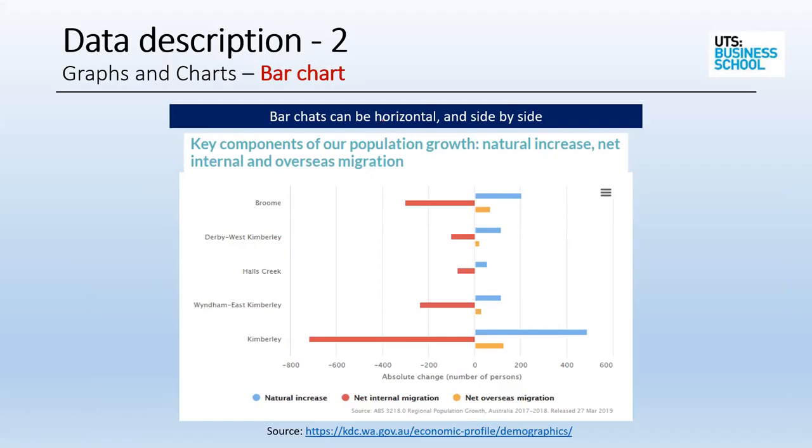These types of bar charts can be horizontal or side by side, and they help you get that picture very clearly. If you look over here, the net internal migration is actually negative, but net overseas migration is positive, and natural increase is of course higher than the net overseas migration.